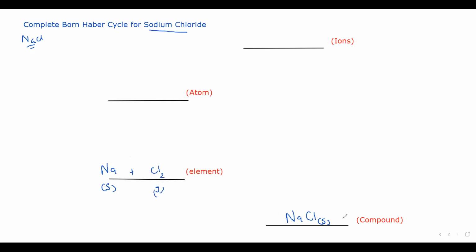Because the equation must be balanced, we only need one chlorine atom, but a chlorine molecule has two chlorine atoms. So we have half a chlorine molecule. In A levels, you can use these fractions to balance the equation. It is acceptable. So half a chlorine molecule and one sodium atom will give one formula unit of sodium chloride.